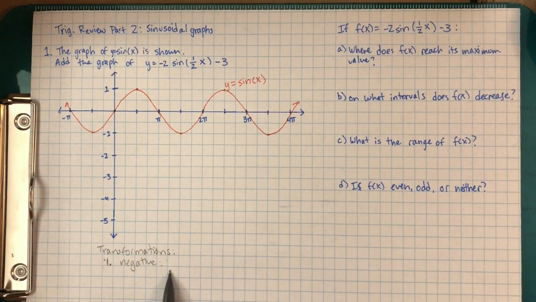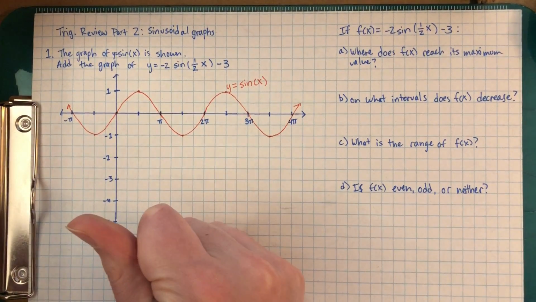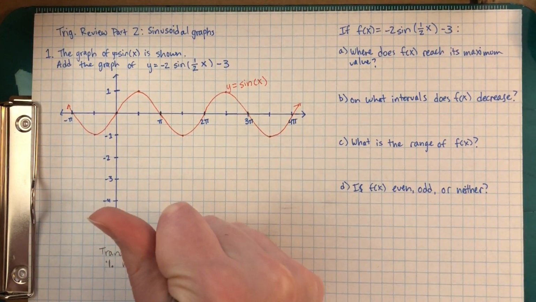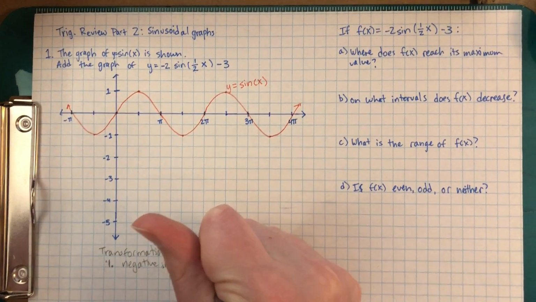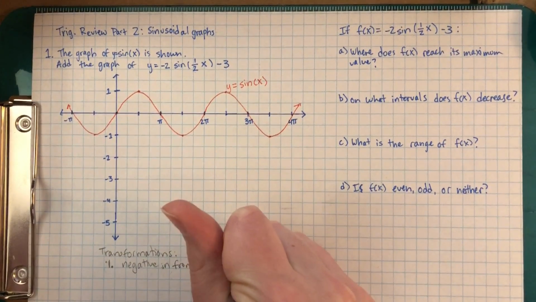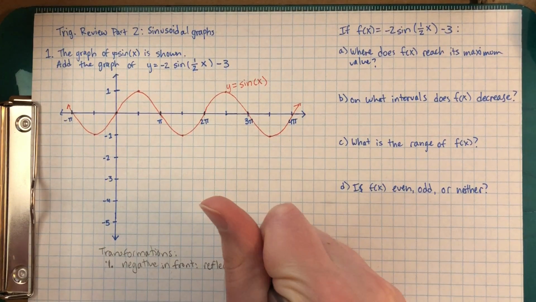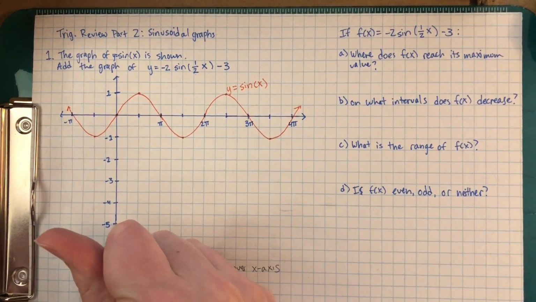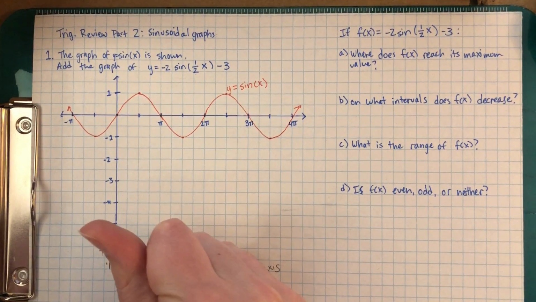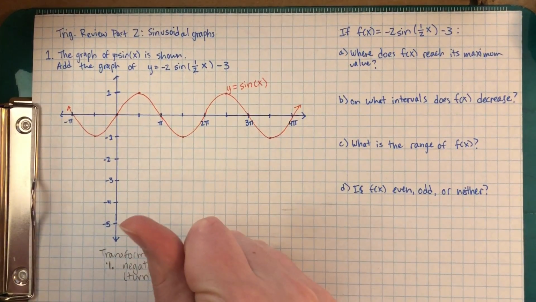So negative in front means that we reflect over the x-axis, aka turn upside down.